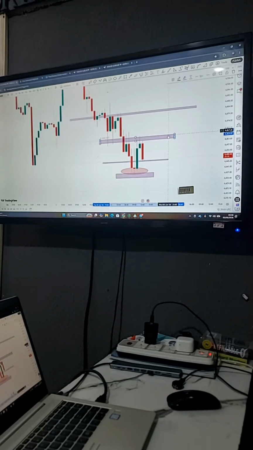Anywhere you put stop loss, like okay, it's not good. So maybe it's accepted.